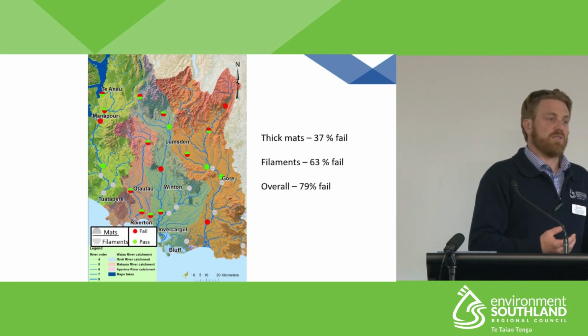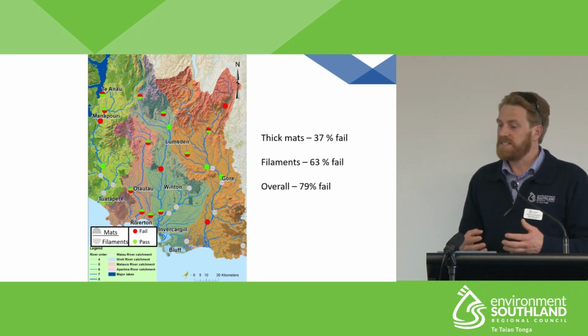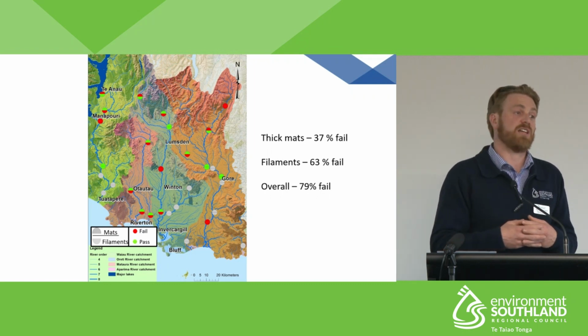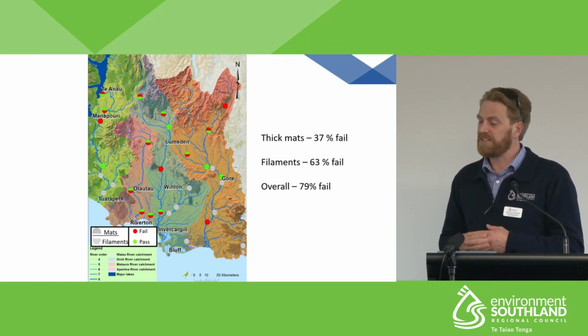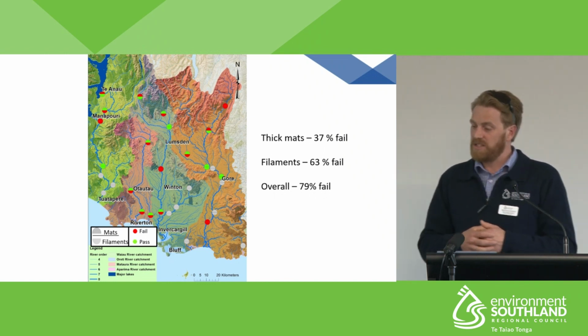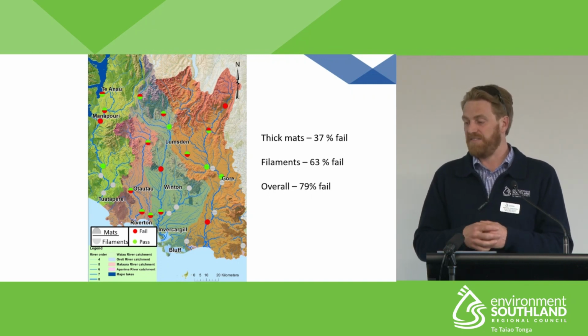So this new data set, including percentage cover, has enabled us to also assess against the standards in our regional water plan for percentage cover, and the map up on this slide illustrates compliance with the thick mat and filamentous algae categories.